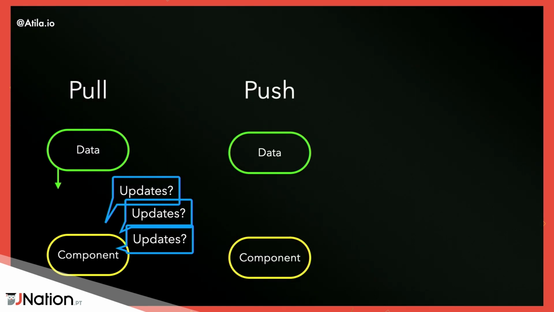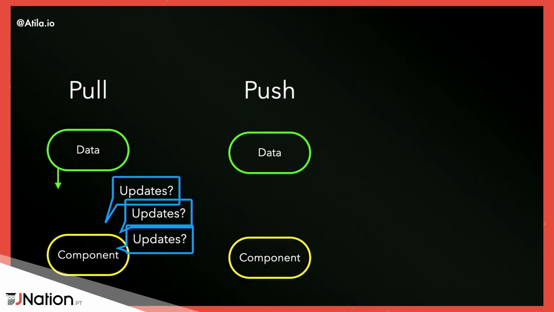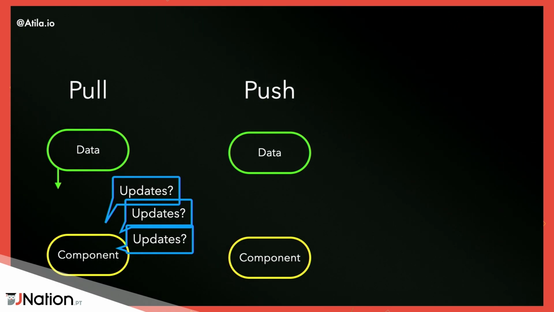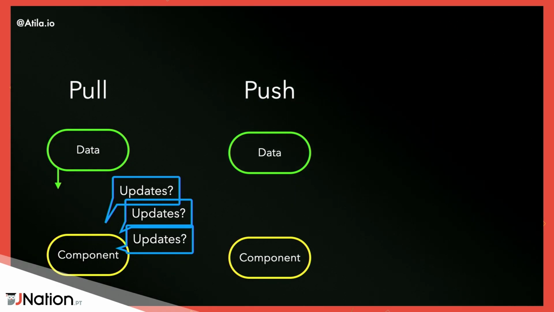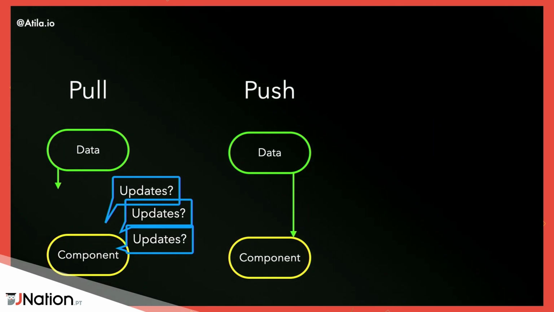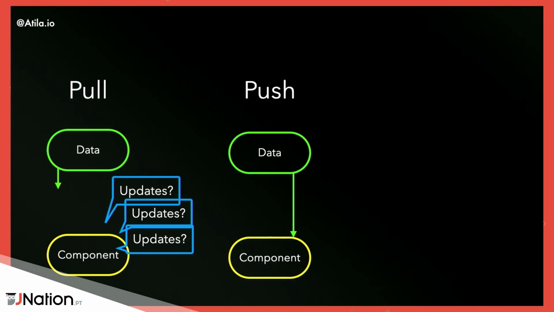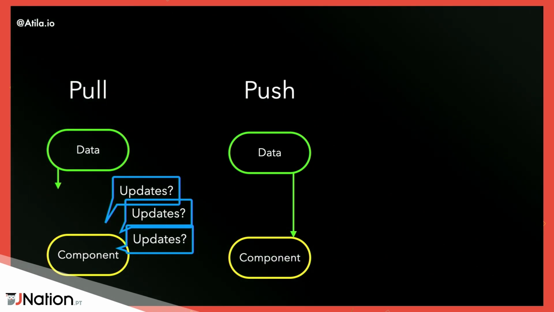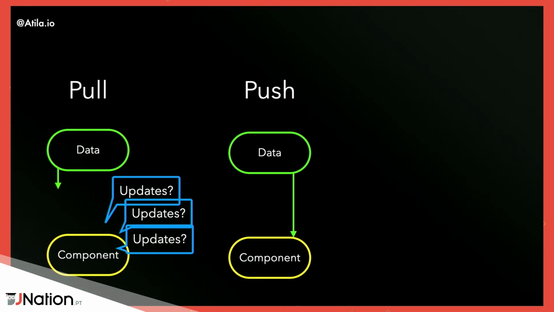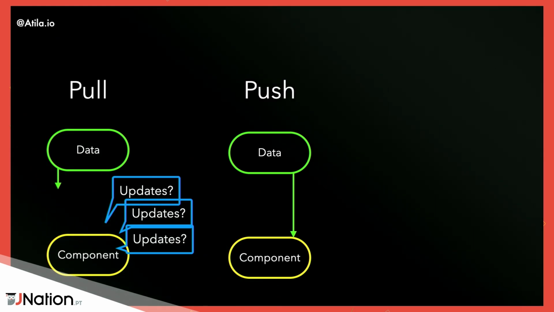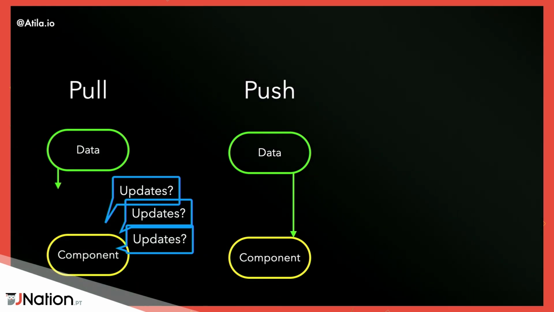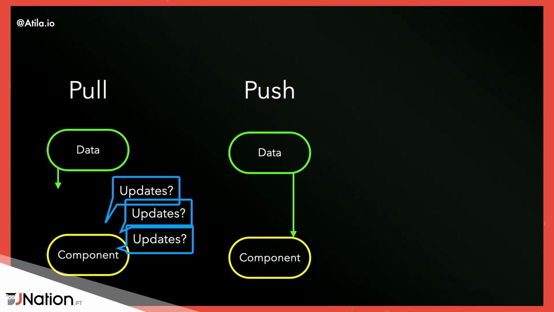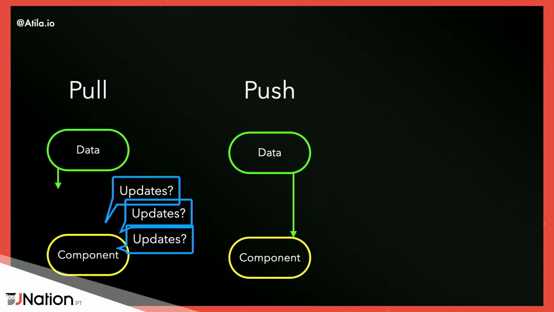Then you also have the push architecture, where instead of the component grabbing the data from the source, the source is going to stuff the data inside the component. That means the data knows exactly where it needs to go. The process of delivering the data happens only when there's an update, but that also has trade-offs, because the data source doesn't know if the component is ready to receive that data.